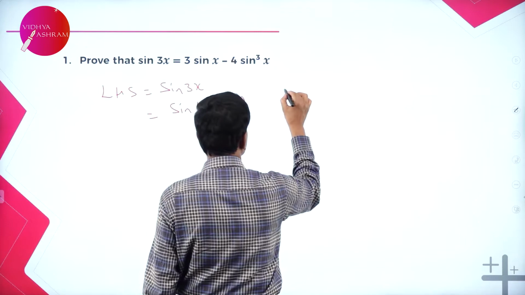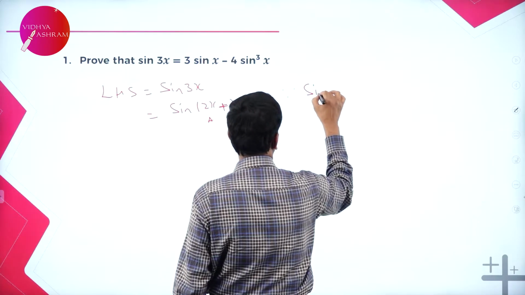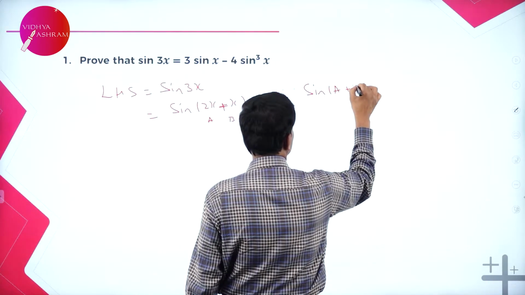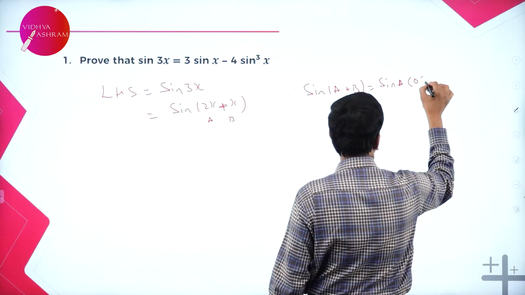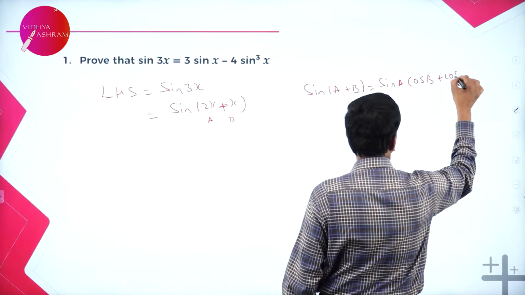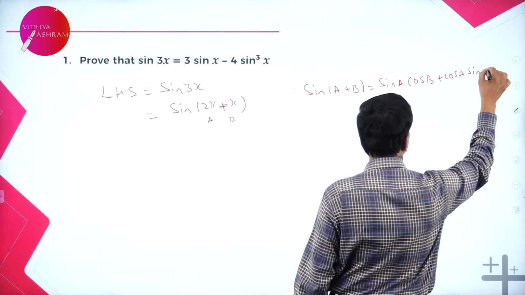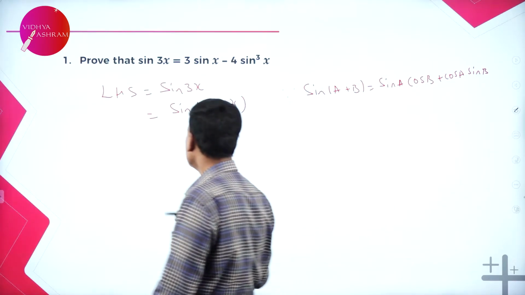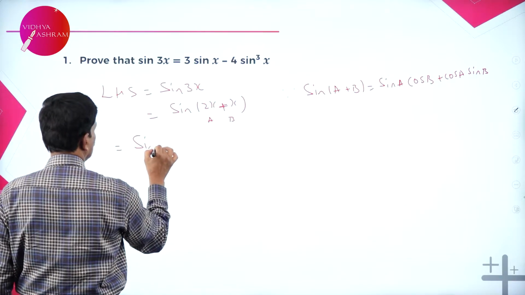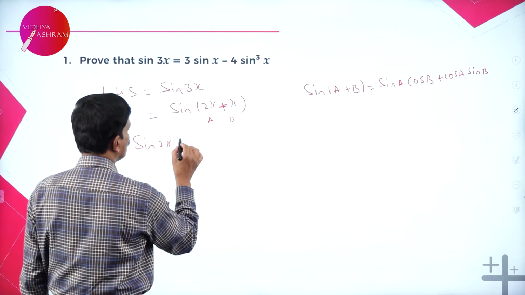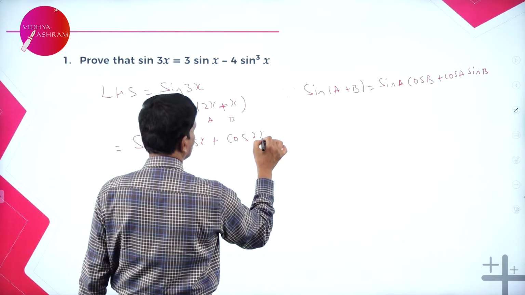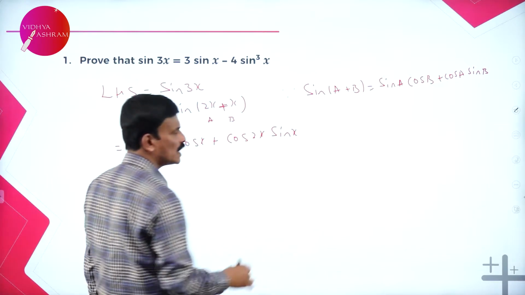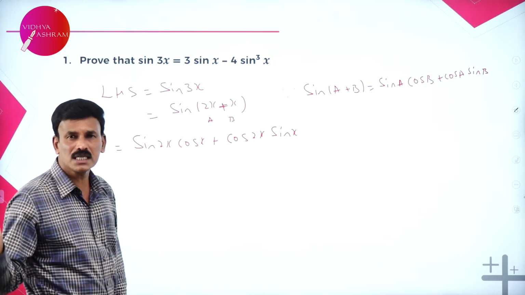So, we know that sin (a plus b) is equal to sin a cos b plus cos a sin b. Using this formula, we can write sin 2x into cos x plus cos 2x into sin x.